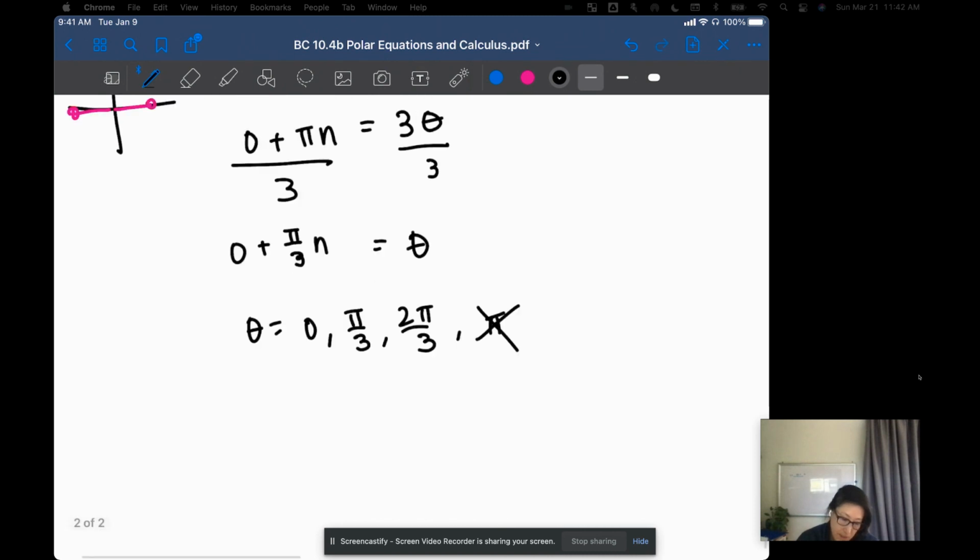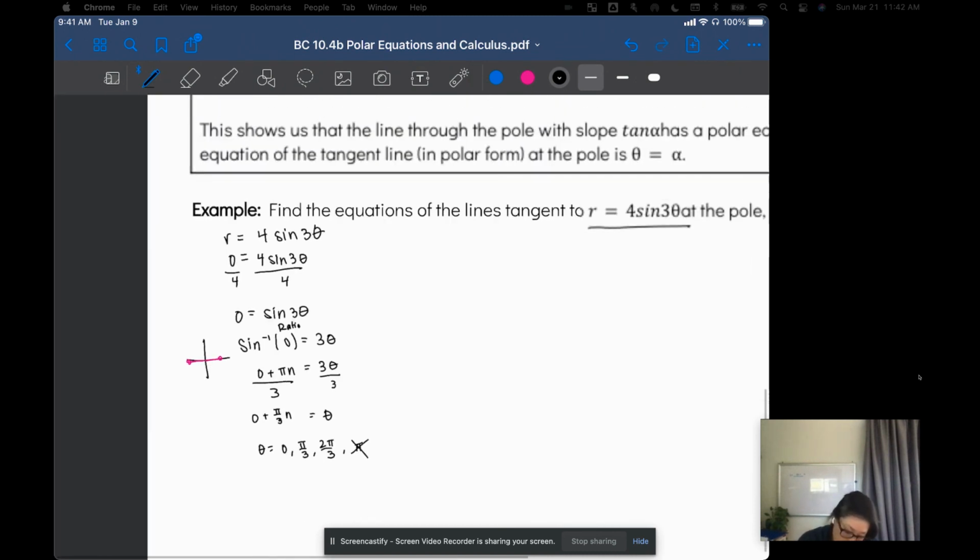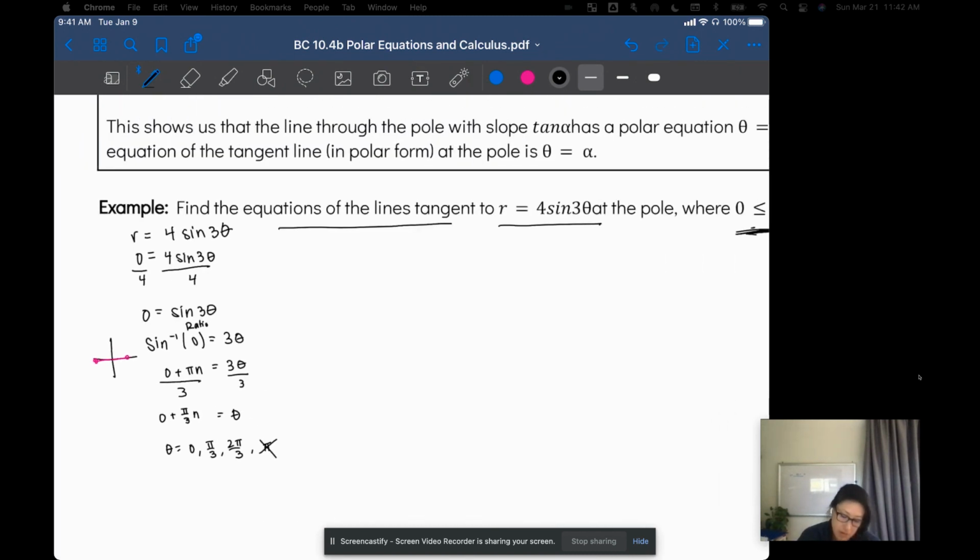Okay, and I asked for the equation of the tangent line. So this cool thing happens in polar equations. Remember from yesterday that we had theta is equal to pi over 6, and when I graph that, that's just the equation of a line that goes through 0, 0.